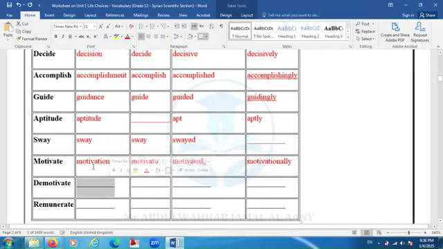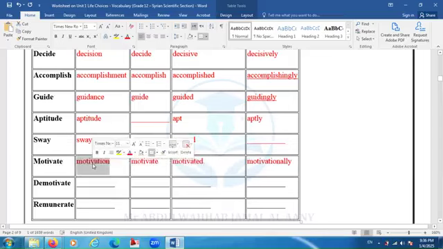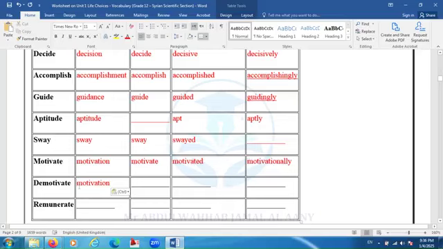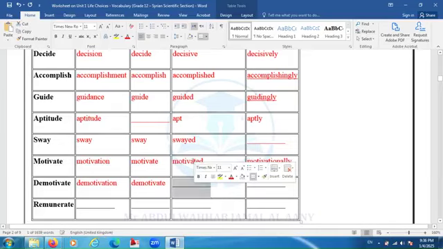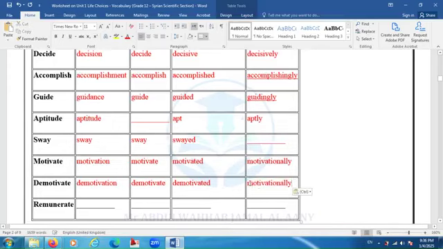Demotivate, it's the same as motivate, but you just add de. Demotivation. Demotivate. Demotivated. Can you see? And like motivationally, I will add the demotivationally.